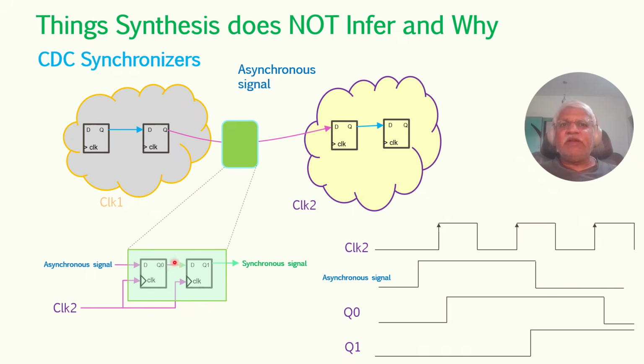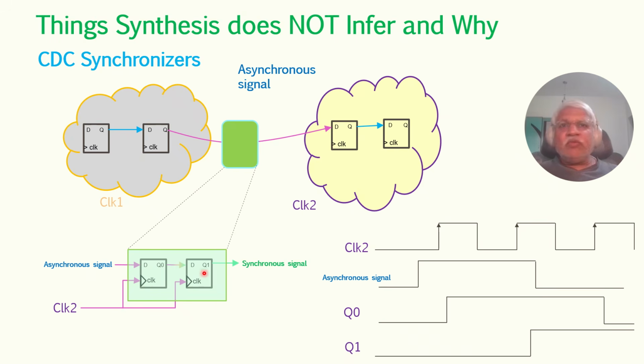Whatever metastability happens, this flop will take it through, and then a clean signal will be fed to the second flop, and both of these two flops of the synchronizer will be clocked by the clock 2 domain. This is the destination clock domain. This asynchronous signal is coming from another clock domain called clock 1.